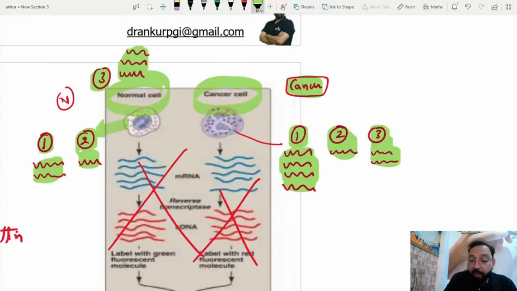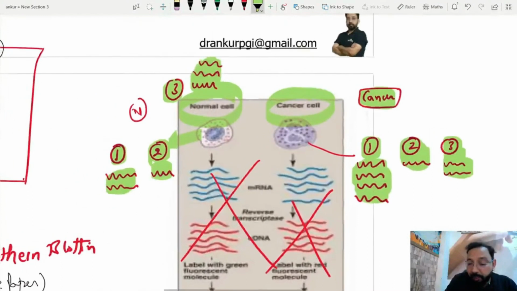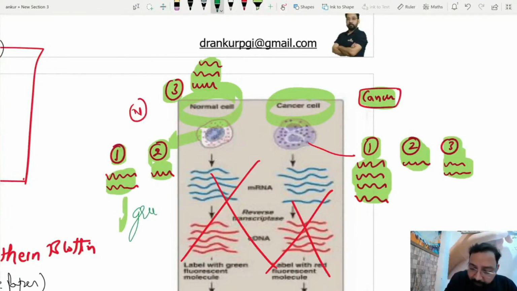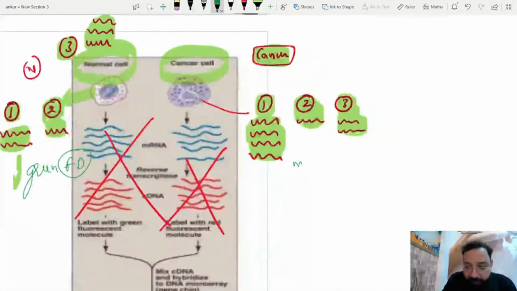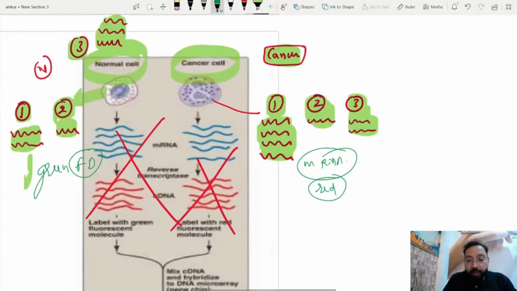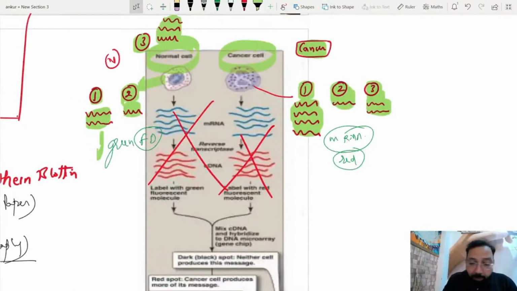What I did, I took the normal cell and attached its messenger RNA with a green fluorescent dye. And I attach the messenger RNA of the cancer cell with red. So now I will compare gene expression in two different cells, normal and cancer.